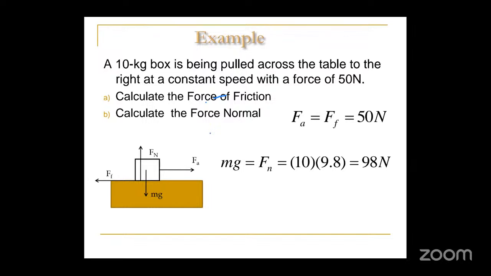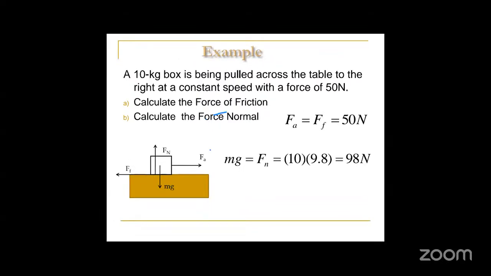Now, to solve this kind of problem, you have to understand the question. It is stated in the question that the object is being pulled towards the right at a constant speed.